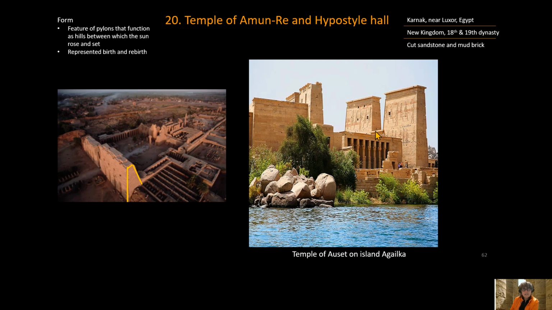You can see two pylons side by side in the middle. This opening is like the division between two hills, where you can see the sunrise and the sunset. So it captures that birth and rebirth of the sun on a daily basis.